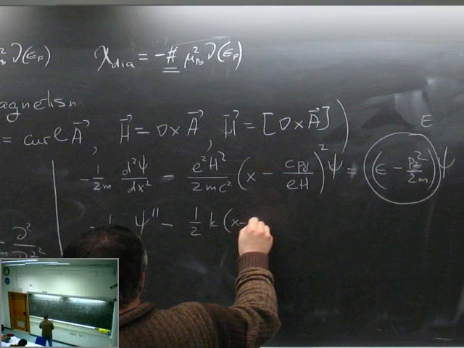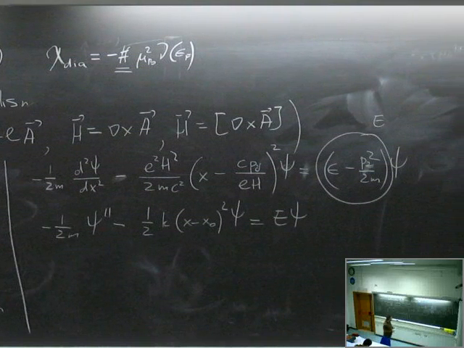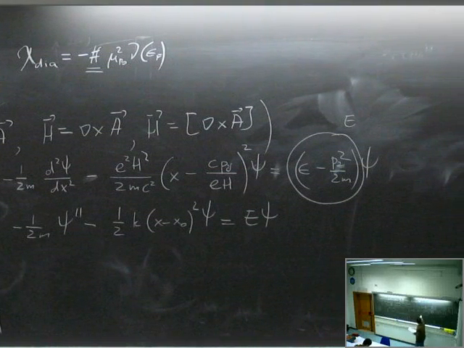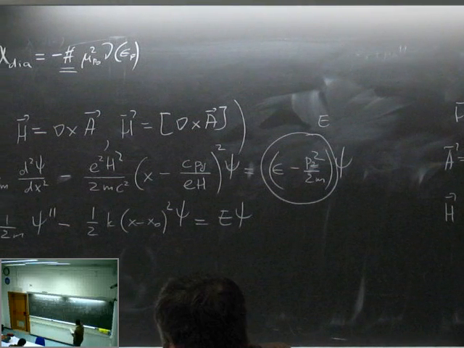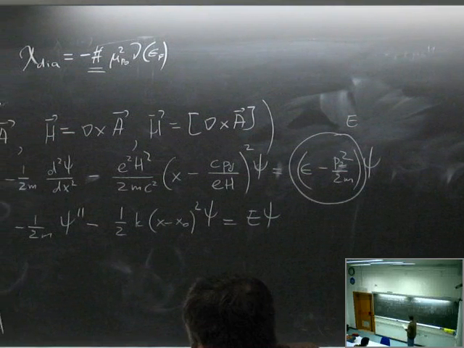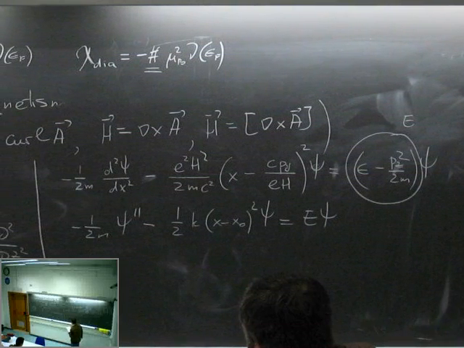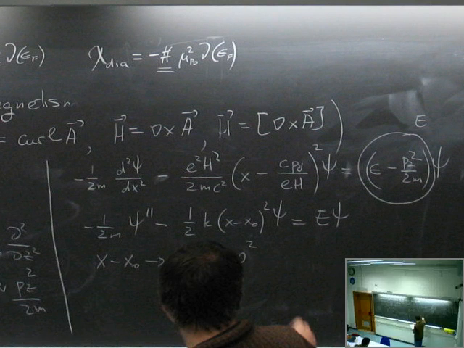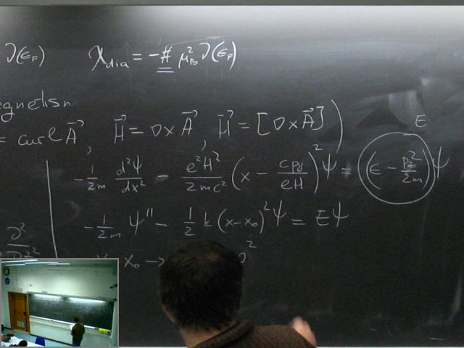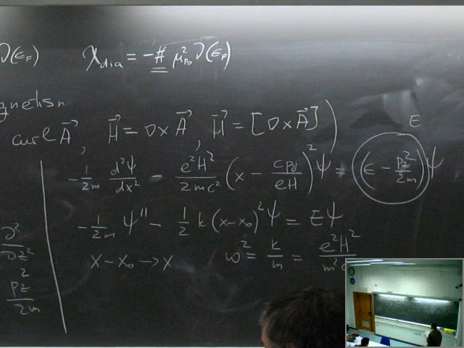So you see that we arrived at the quantum harmonic oscillator equation where the coordinate is shifted, the center of the orbit is shifted by the constant x naught. If we introduce the new variable x minus x naught as x, and say that omega squared is k over m, which is e squared H squared over m squared c squared, then we arrive at the standard equation for the harmonic oscillator.